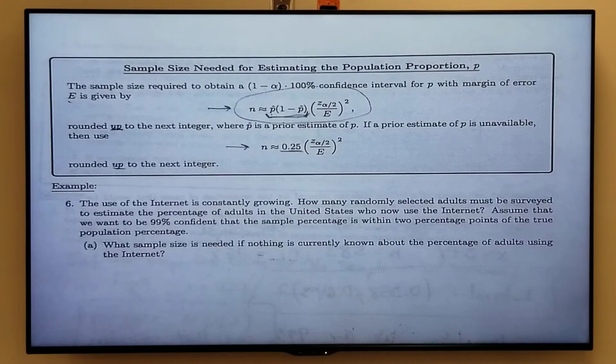But you can't have 0.1 individuals. If you need at least 15.1 individuals and you only use 15 individuals, that's not enough, right? So in reality, you needed 16 individuals in your sample. So regardless of the decimal point that we get, we're always going to round up to the next integer. Let me give you a couple examples.